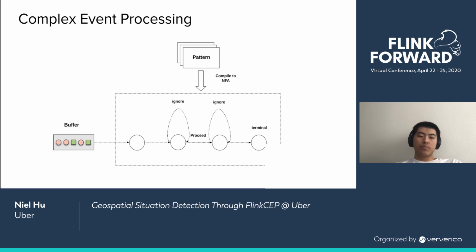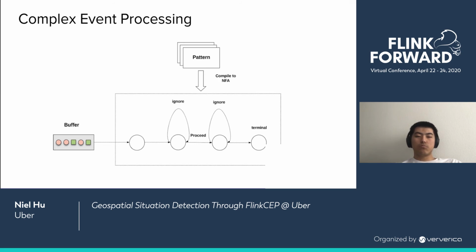To implement this, we use a complex event processing library. For those who are not familiar with it, I can give a very brief introduction. What does it do? FlinkCEP is a library built on top of the Flink runtime. Compared to a very simple filter operator, CEP detects patterns and filters events based on patterns in sequences.